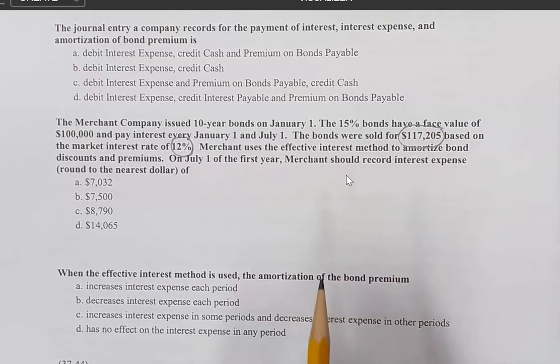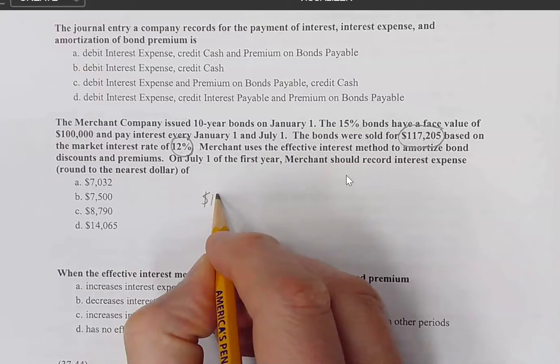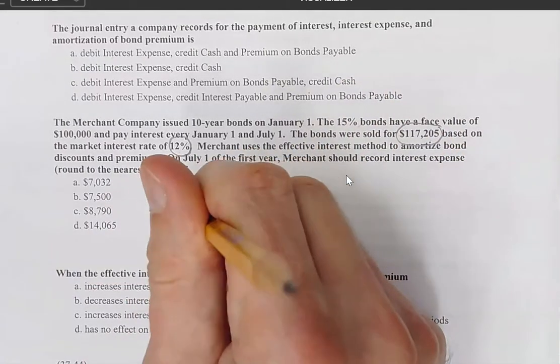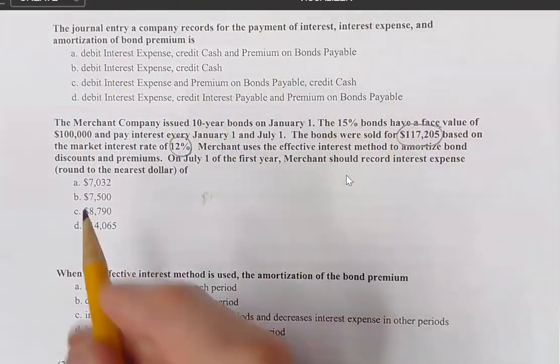Carrying amount is $117,205. That's $100,000 for the liability, and a whopping $17,205 premium on the bonds payable. So we need this figure here. Give me 1 second. I'm going to move this over because I'm going to do some other stuff here.